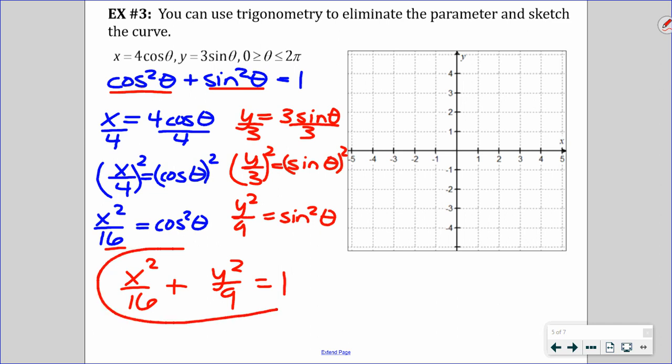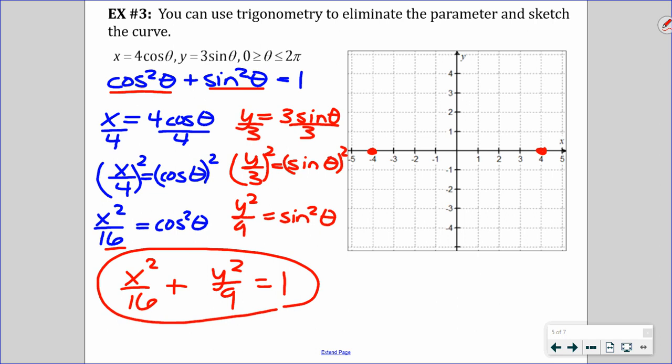I know this probably does not look that familiar, but this is actually the equation of an ellipse, which is what's called a conic section. So to graph the ellipse, because the x squared is over 16, if I square root the 16, I'll end up with a point at 4 and -4 on the x-axis.